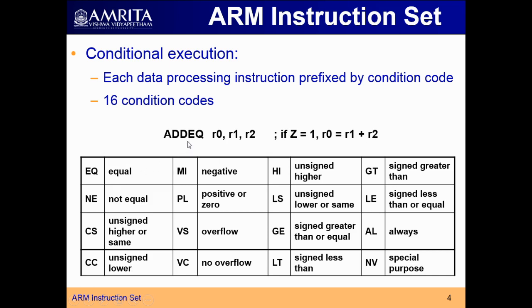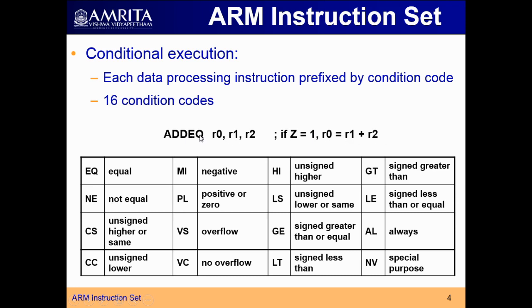But if you are writing NE here, instead of checking whether the zero flag is equal to 1, it will check whether the zero flag is equal to 0. When the zero flag is equal to 0, it means the two numbers compared in the previous step were not equal. So if you write NE instead of EQ, it will check whether the zero flag is 0, and when it is, the addition will be performed.